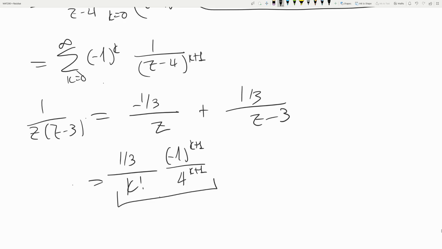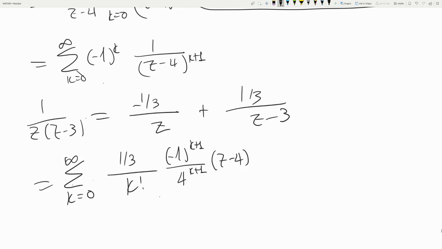And then this guy, all right, let me write down the summations, starting from (z-4)^k. So that's one guy. And the second guy, we have it over there.